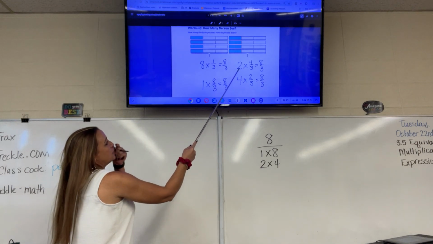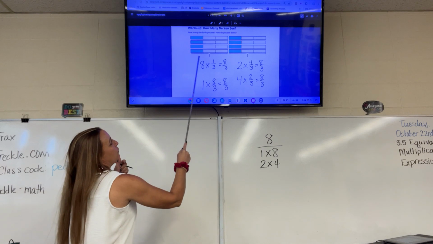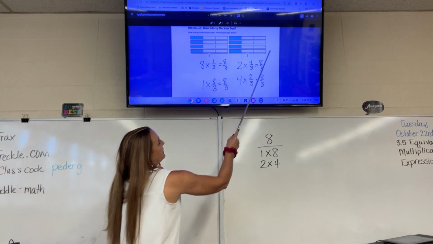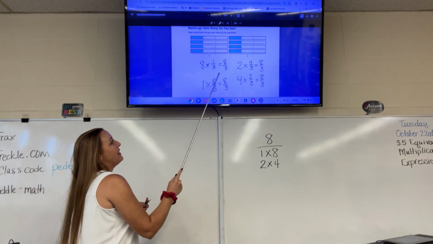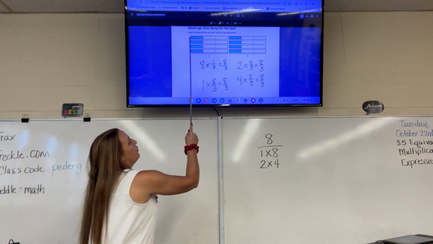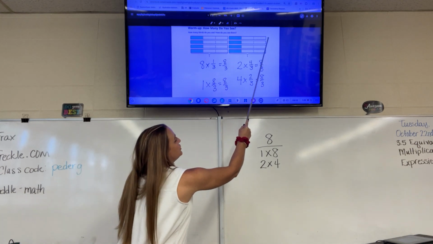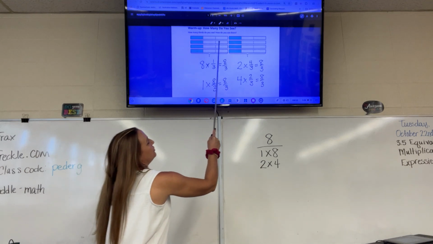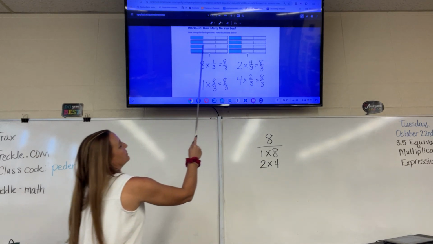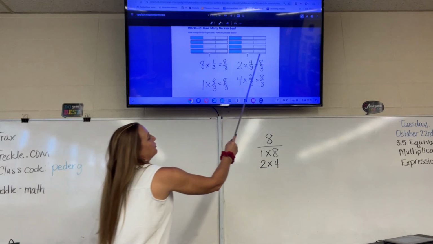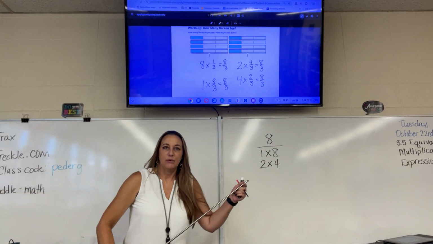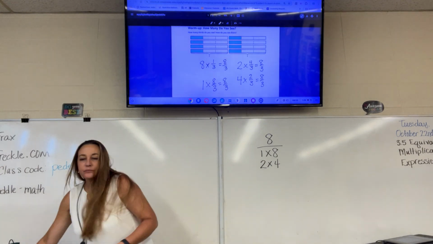Over here you've got 2 groups. So this would be one group and this would be another group. Each one with 4/3. And the last would be one group of 2/3. 2 groups of 2/3. 3 groups of 2/3. 4 groups of 2/3. You with me? Okay, let's move on.